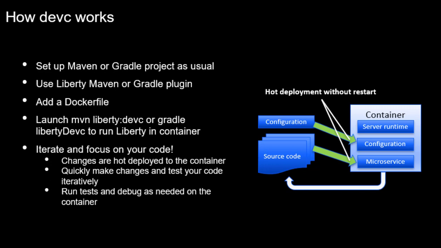Once Dev Mode for containers is launched and the Liberty server is running in the container, the developer only needs to focus on the iterative code changes, which are hot deployed into the container, and running tests and debugging the code. Thanks to Dev Mode, all this is accomplished without rebuilding and redeploying the container while iterating on making code changes, testing, and debugging.